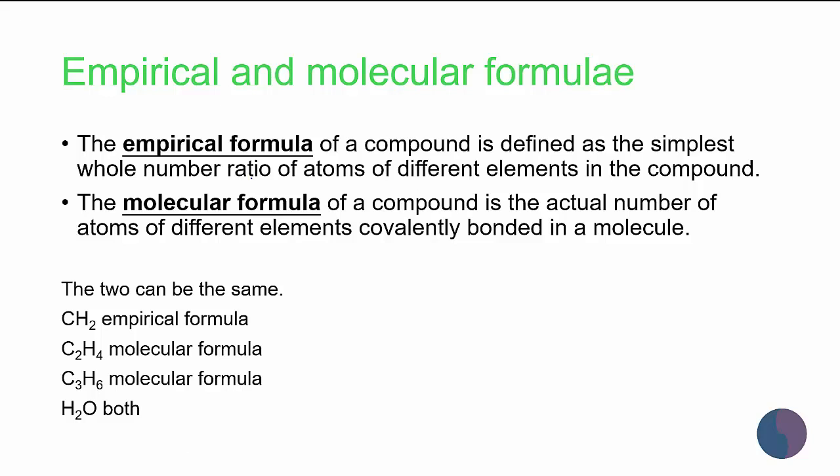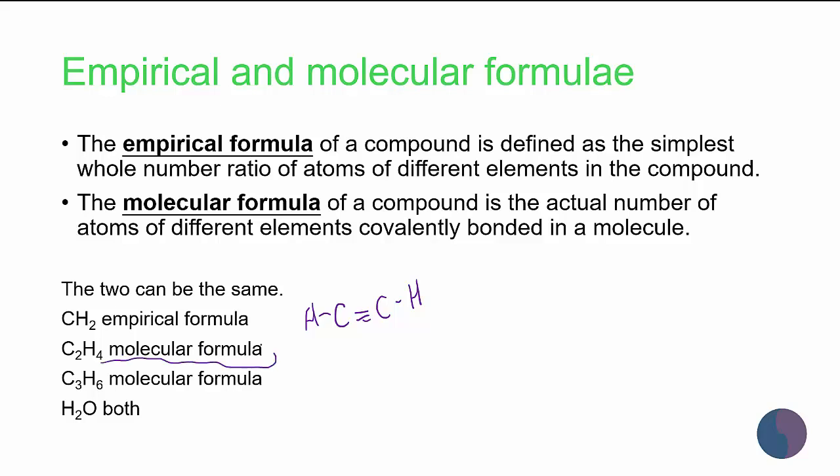So first of all, what are these two, just in case we have jumped too far on that? The empirical formula is the lowest whole number ratio, and the molecular formula is the actual molecule. So they can be the same. If this was the actual compound, then it's the molecular formula as well.